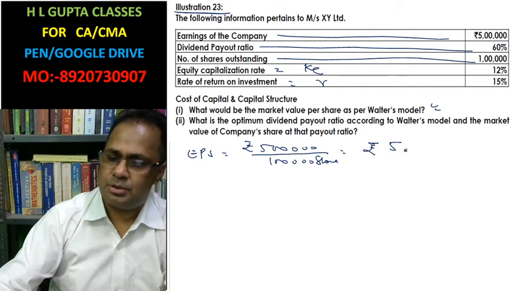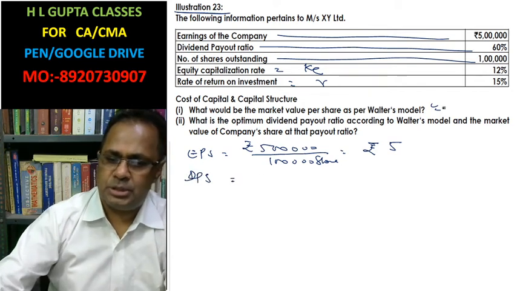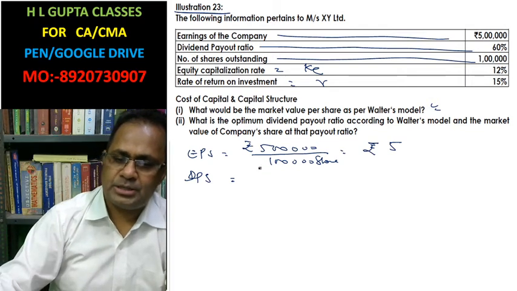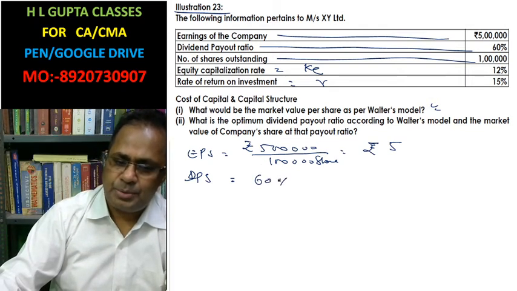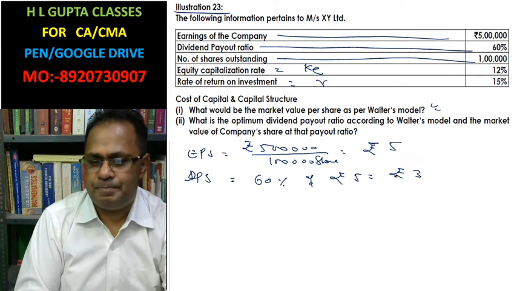Now dividend per share is calculated. 60% of the earnings is paid as dividend, 60% of rupees 5, which is rupees 3. Dividend per share is rupees 3.